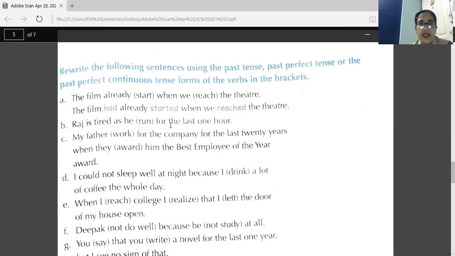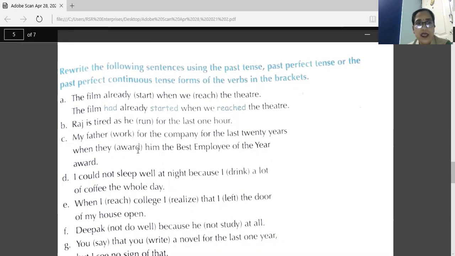Raj is tired as he ran for the last 1 hour. Now for the last 1 hour is given there, so we have to use past perfect continuous. Raj is tired as he had been running for the last 1 hour. Next one.